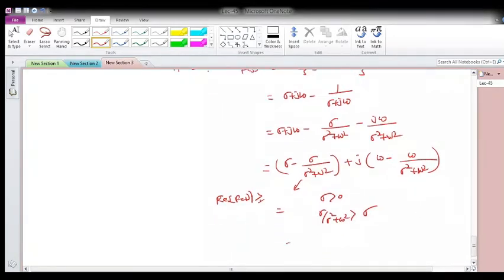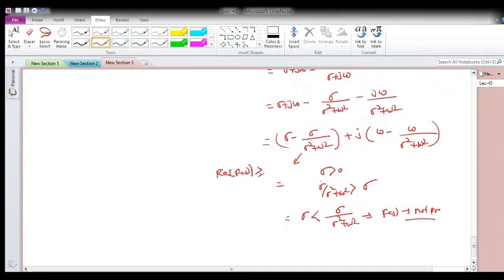So when σ is less than σ/(σ² + ω²), then F(s) will not be PR, because the real part of F(s) becomes negative and hence it will not satisfy the PR condition.